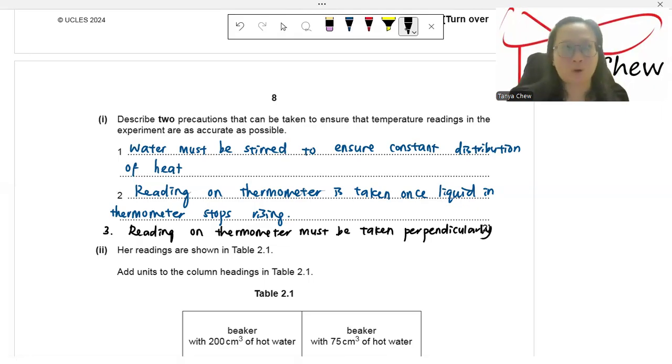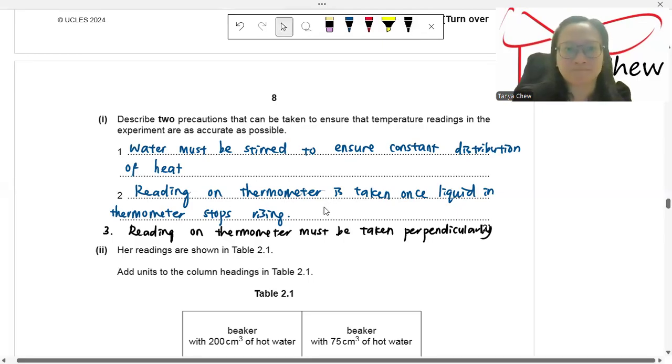Or another precaution is that make sure that the bulb of the thermometer doesn't touch the bottom of the beaker. So no touching, right? No contact with the beaker in order for you to ensure that the temperature reading can be taken as accurately as possible.